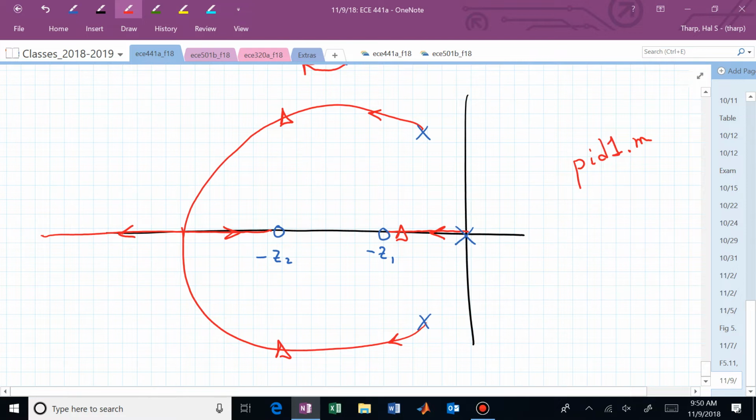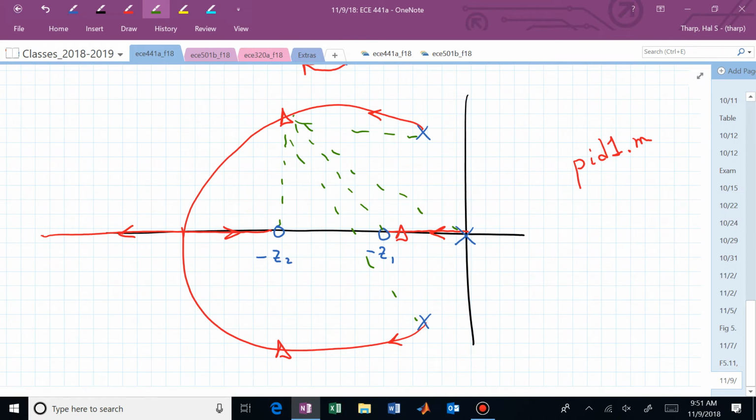I've written a script that's PID1.m. MATLAB has its own PID script, so I had to be creative and rename this one. But to calculate the gain, you could find all of these distances, and divide and multiply by the appropriate lengths of the zeros and the lengths of the poles and the gain constant to get the gain K associated with this.